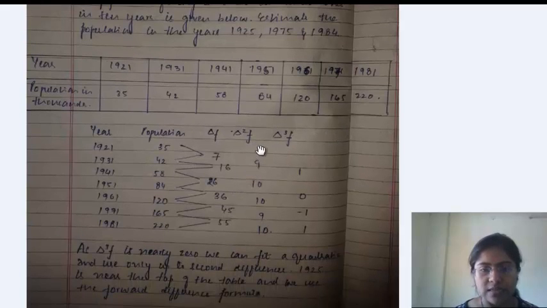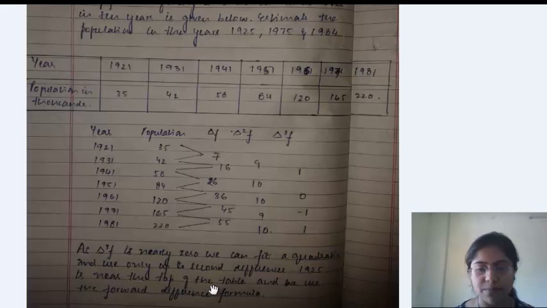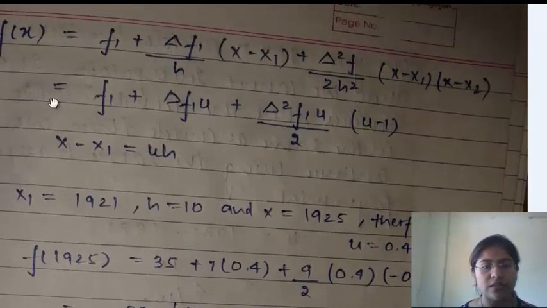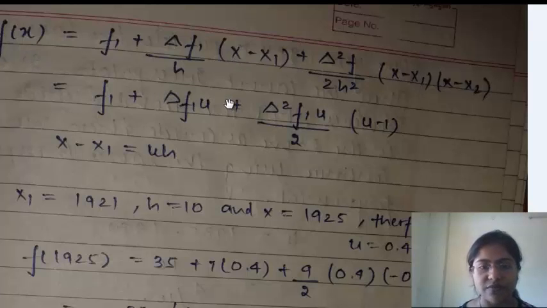As del cube f is nearly 0, we can fit a quadratic and use only up to the second difference. 1925 is near the top of the table, so we use the forward difference formula, like I said before. The formula that we use is this formula for forward difference.